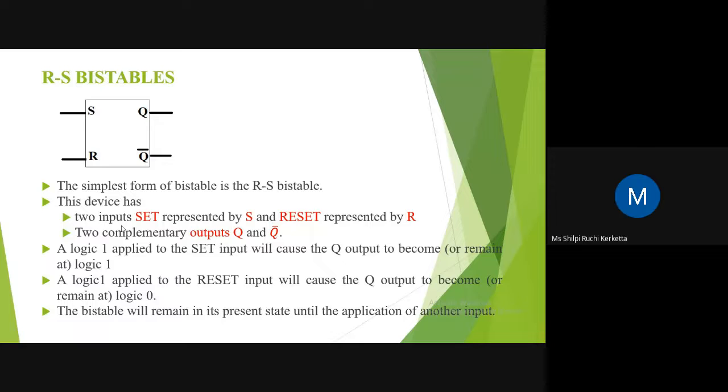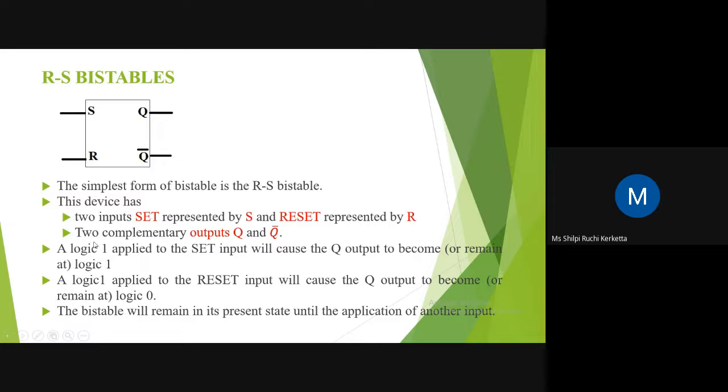Like we are calling A complement, B complement. Not in geometry, in logic circuits. Like, if A is 0, A complement will be 1. Opposite of that, yes, good. So here complement means opposite.